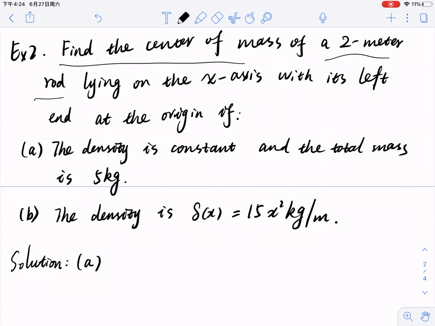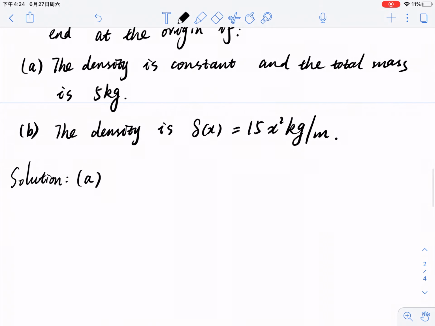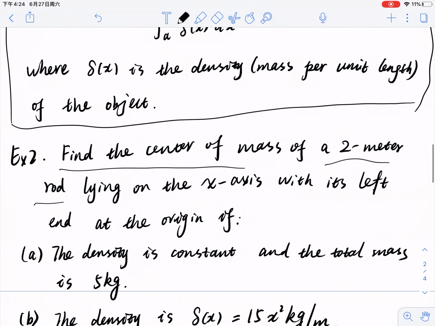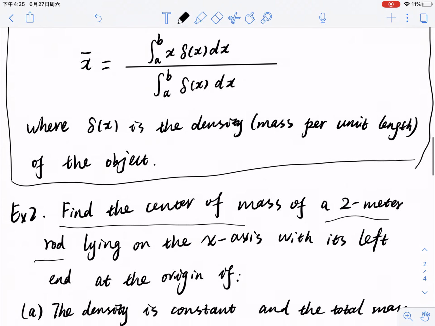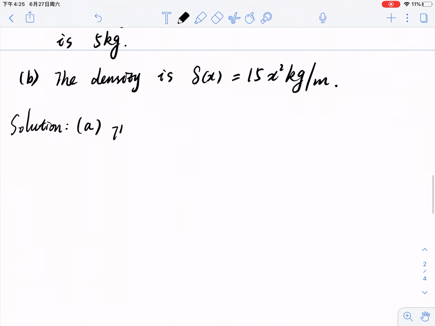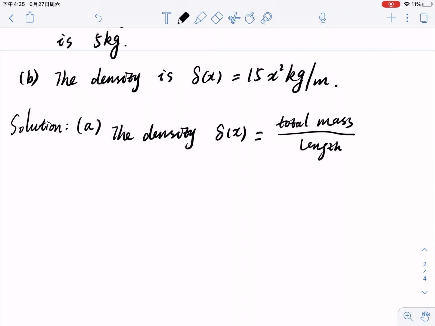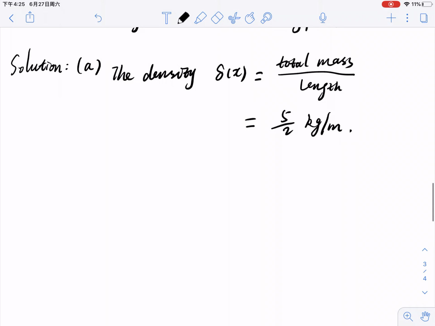We compute x bar using the formula, where delta(x) is the density. The density is total mass divided by length, so this is 5/2 kg per meter. The density is a constant.